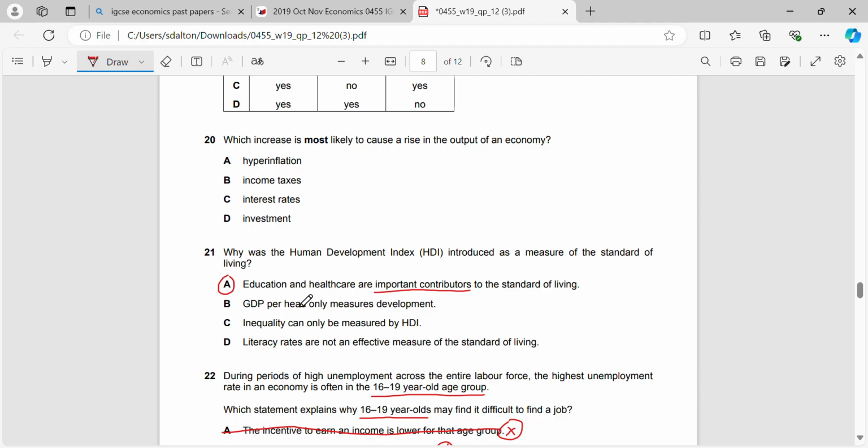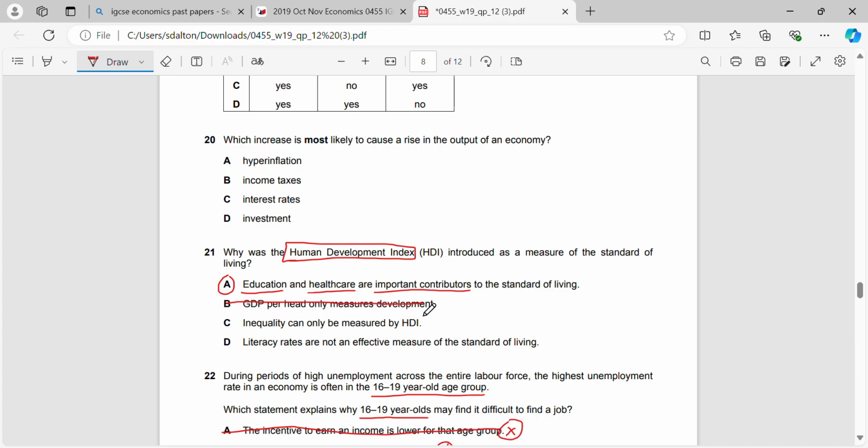Therefore, it gives us a more accurate measure of the standard of living across different countries, because it doesn't just take into account income and output, it takes into account other factors that contribute to our standard of living in a country.